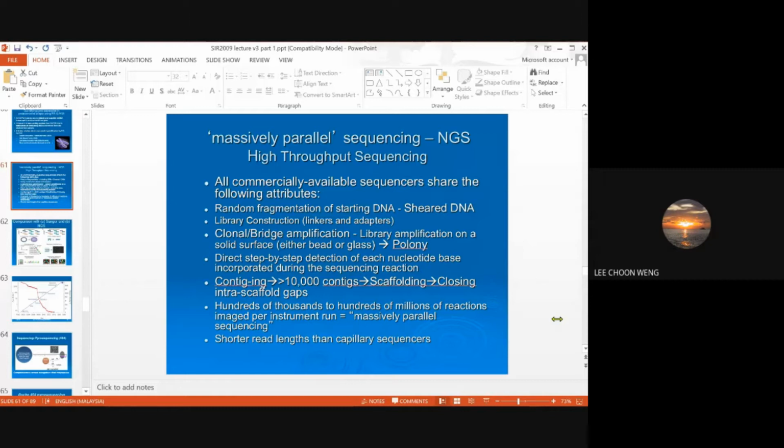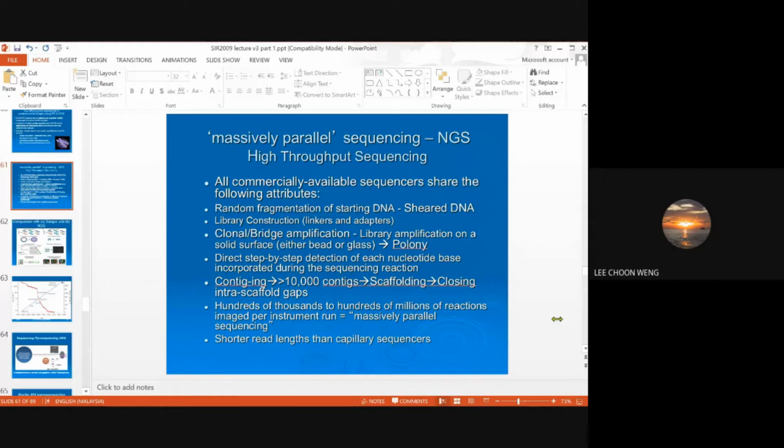So we are looking at NGS. In the beginning they used the term NGS, which stands for next generation sequencing. Mainly it is a sequencing by synthesis approach, as opposed to the one by Sanger, dideoxy termination, sequencing by termination.